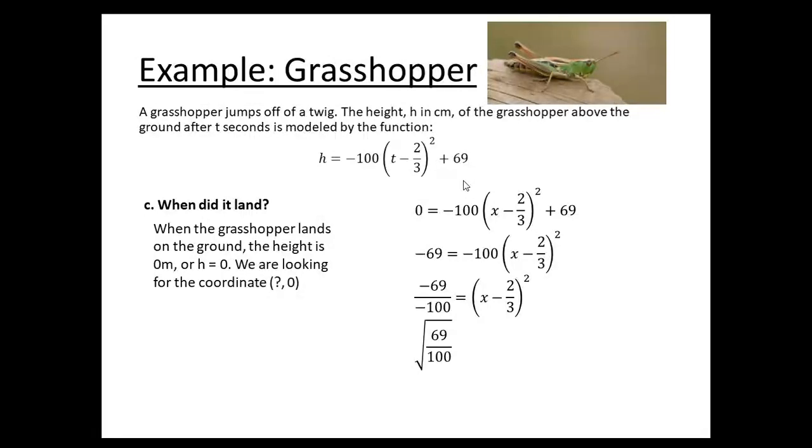The square root of 69/100 equals x − 2/3. The square root of 69/100 plus 2/3 is equal to x. Now put that all into your calculator, and we have x is equal to approximately 1.5.